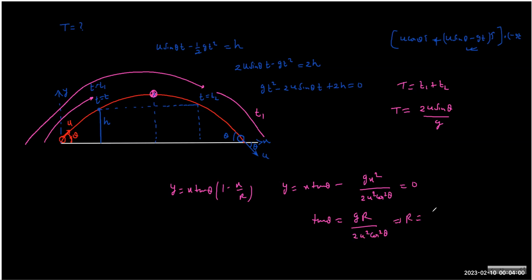So range is 2u square sin theta cos theta by g. And so range is how much? Like this, right? And then you want to write this as u cos theta into t.